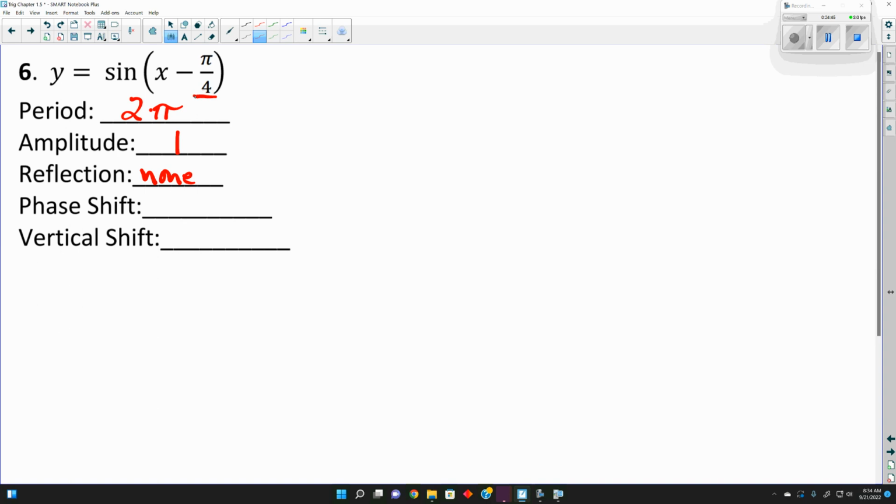And again, since it's normally being subtracted, this phase shift is going to be positive pi over 4. We didn't have to factor anything out because the value of b was 1. So we just take this here. So it's a phase shift of pi over 4 to the right or to the left. It's just pi over 4. And our vertical shift is none.